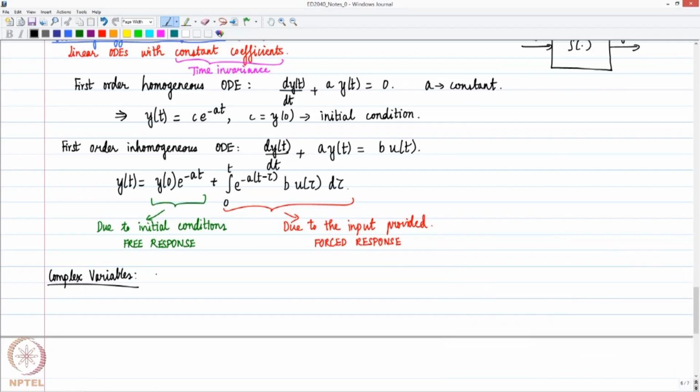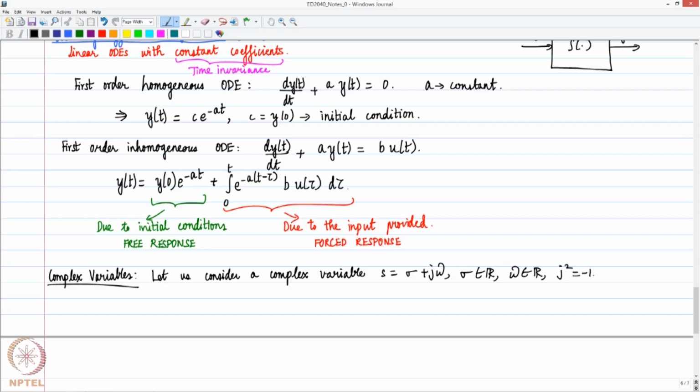So, we consider a complex variable of the form. Let us consider a complex variable s, of the form sigma plus j omega, where sigma is a real number, omega is a real number, and j squared is equal to minus 1.